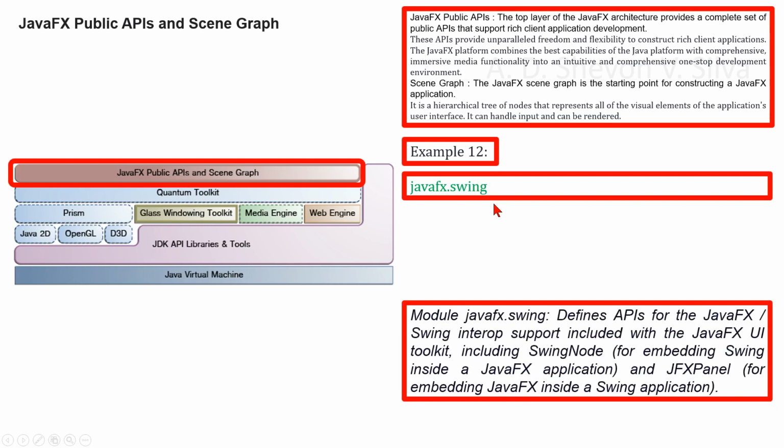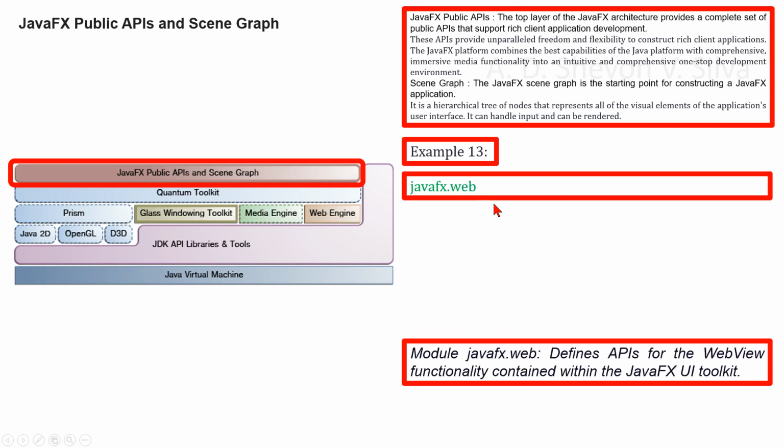Module javafx.swing defines APIs for the JavaFX Swing interop support included with the JavaFX UI toolkit, including SwingNode for embedding Swing inside a JavaFX application and JFXPanel for embedding JavaFX inside the Swing application. Module javafx.web defines APIs for the WebView functionality contained within the JavaFX UI toolkit.